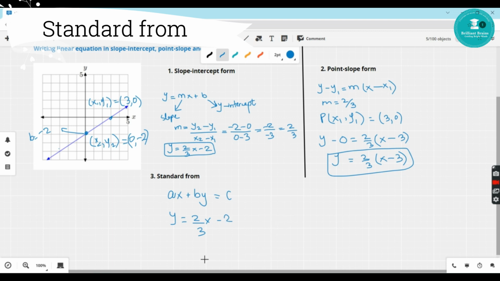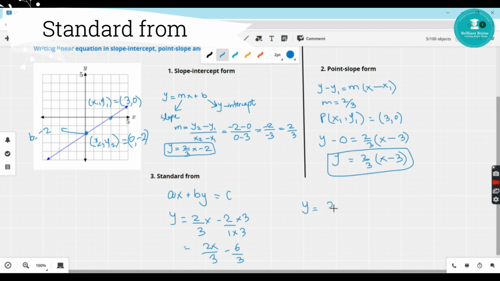What I'm going to do, on the right hand side I will be taking the common denominator. I have to multiply this one by 3 because the LCM is 3, and this one by 3 too. Okay, this will be 2x by 3 and minus 6 by 3. Okay, we can write y, once the denominators are same, we can add or subtract the numerators.